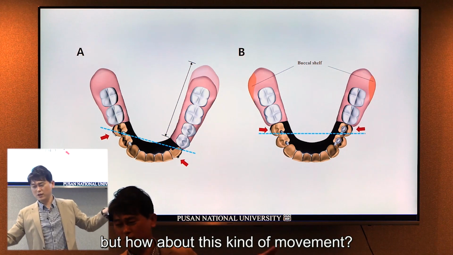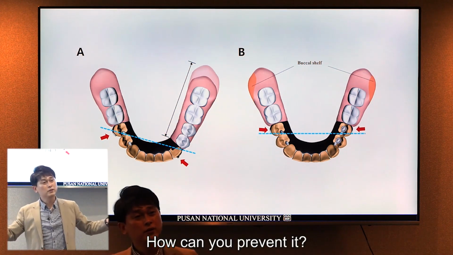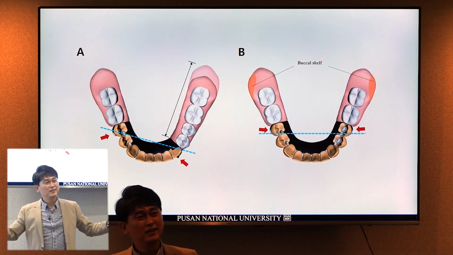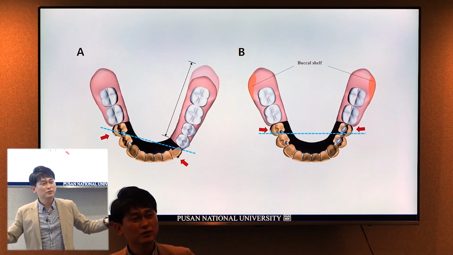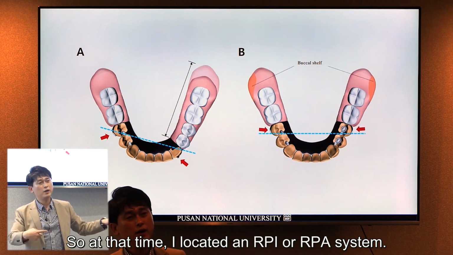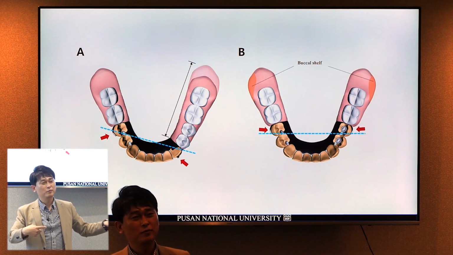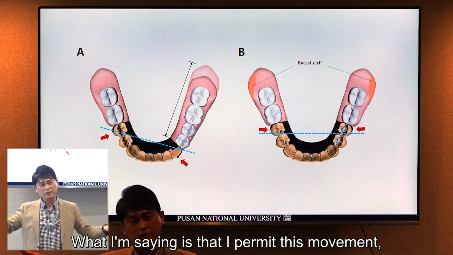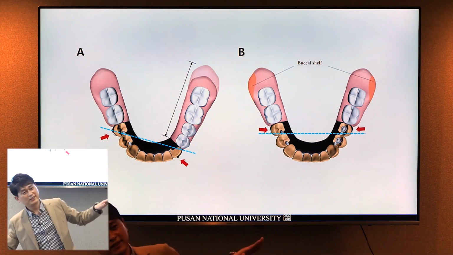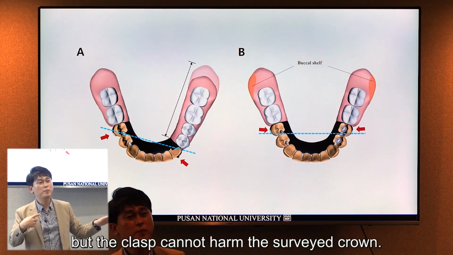Well, how about this kind of movement? How can you prevent it? It's impossible. So at that time, I located the RPI or RPA system. What I mean is, I permit this movement, but the clasp cannot hurt the abutment crown.